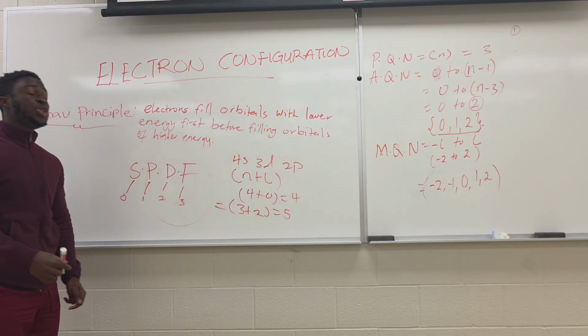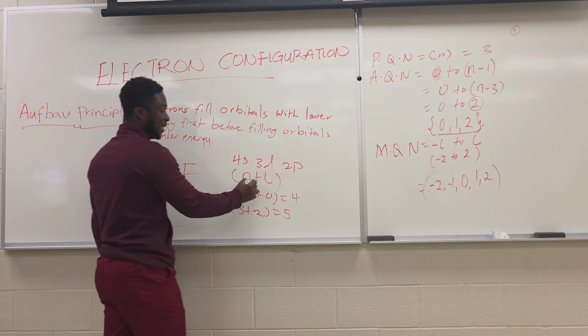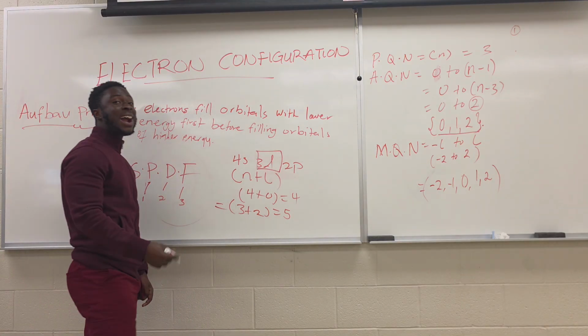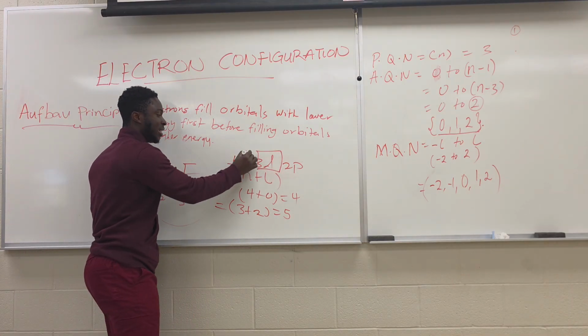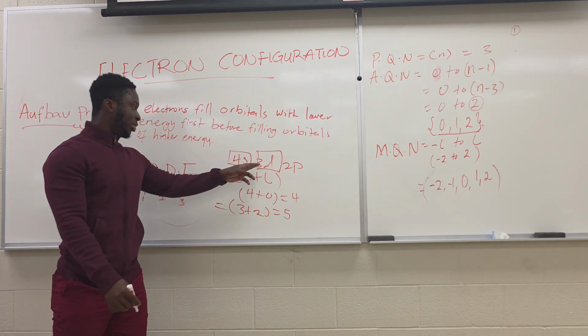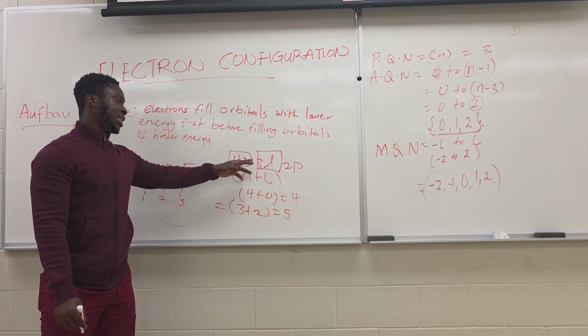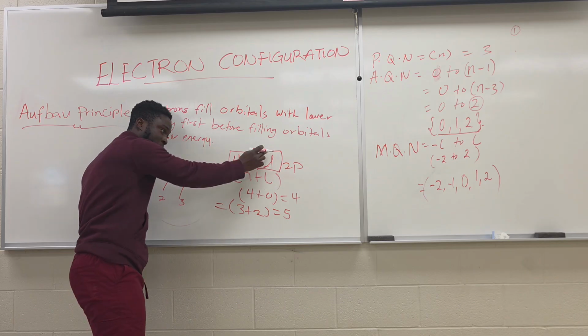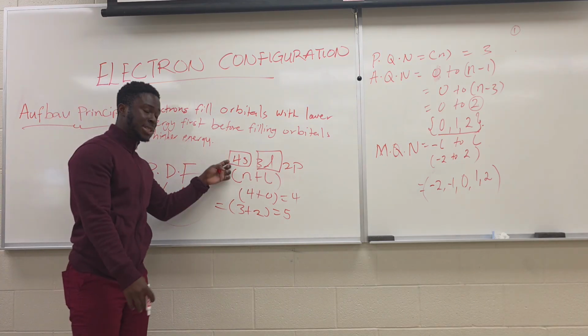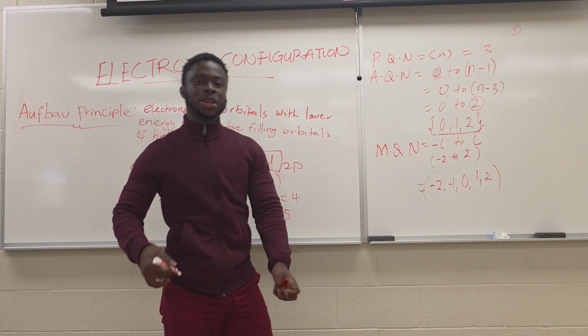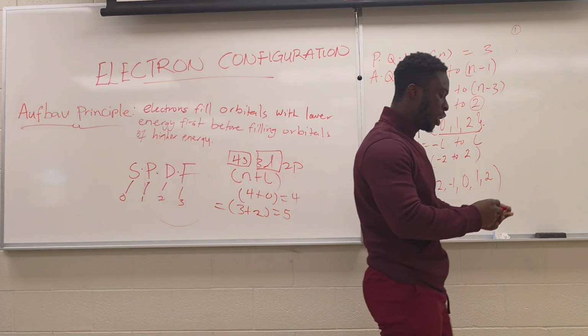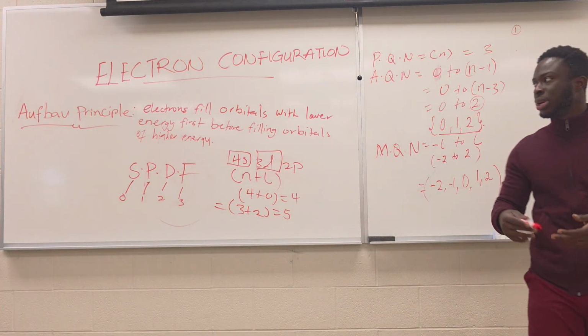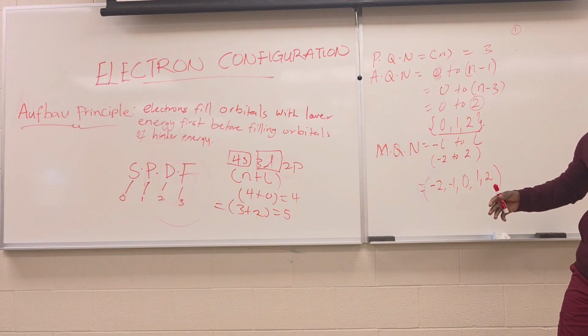So you realize that 3d has a higher energy than 4s, even though 3 is smaller than 4. The 3d orbital has a higher energy than 4s. Those are some of the nuances you need to keep in mind when you are filling electrons.